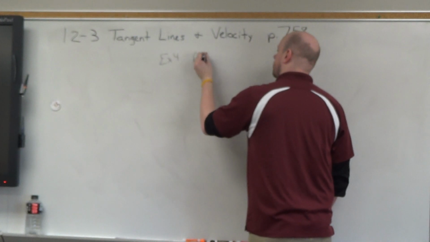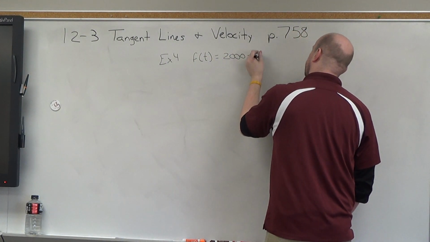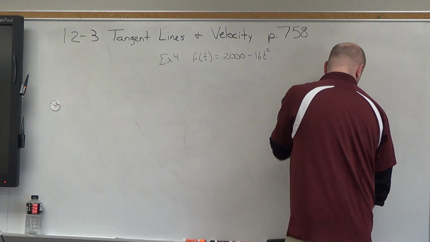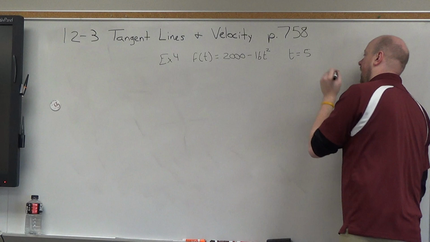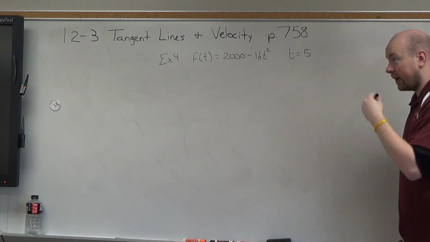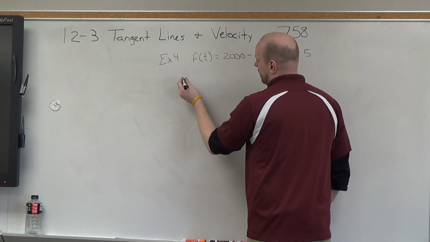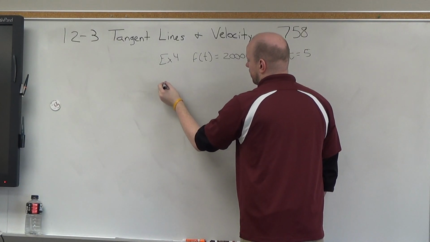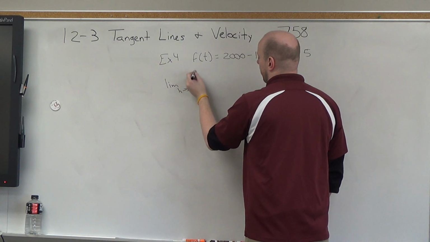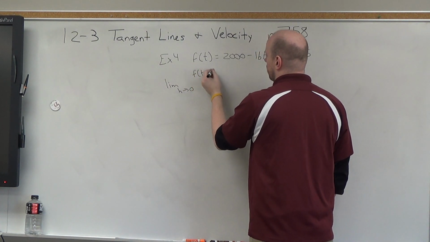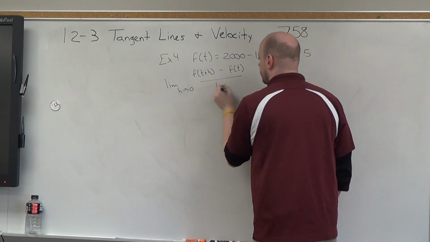f of t equals 2,000 minus 16t squared. And we were given at the time where t equals 5. So again, I can just go right into it. Let's see, I get the limit as h approaches 0 of f of t plus h minus f of t all over h.